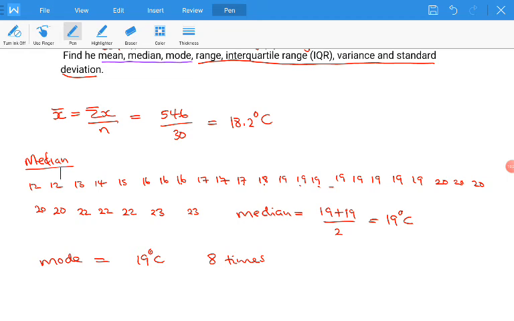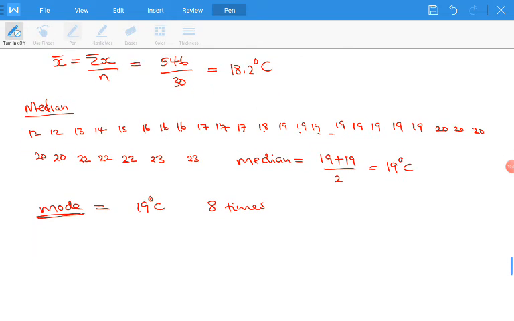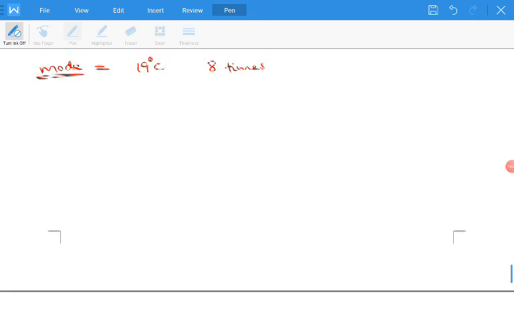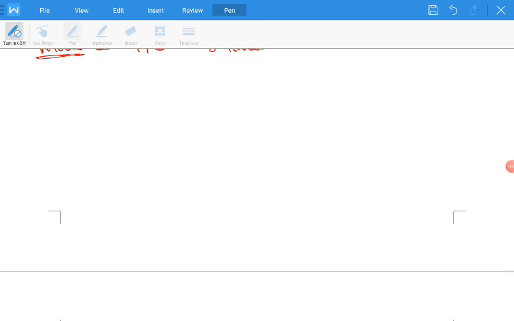I'm not supposed to calculate the measures of variability as of yet because we haven't covered them, but I'm going to just make a quick run through. So we are also asked to calculate the range.